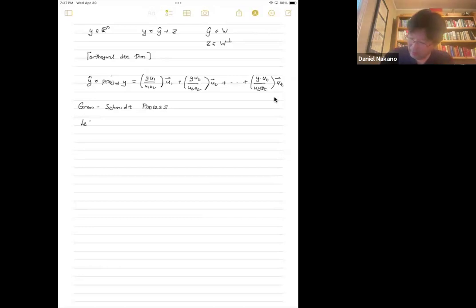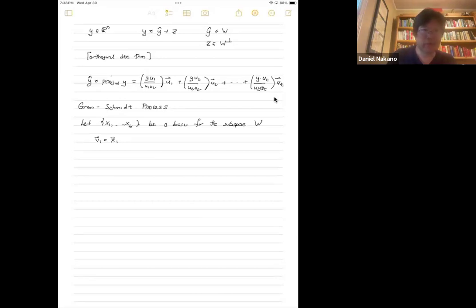So let x1 up to x sub t be a basis for the subspace W. Okay, so here's how it goes. I'm going to set the first basis vector v1 to be just x1.